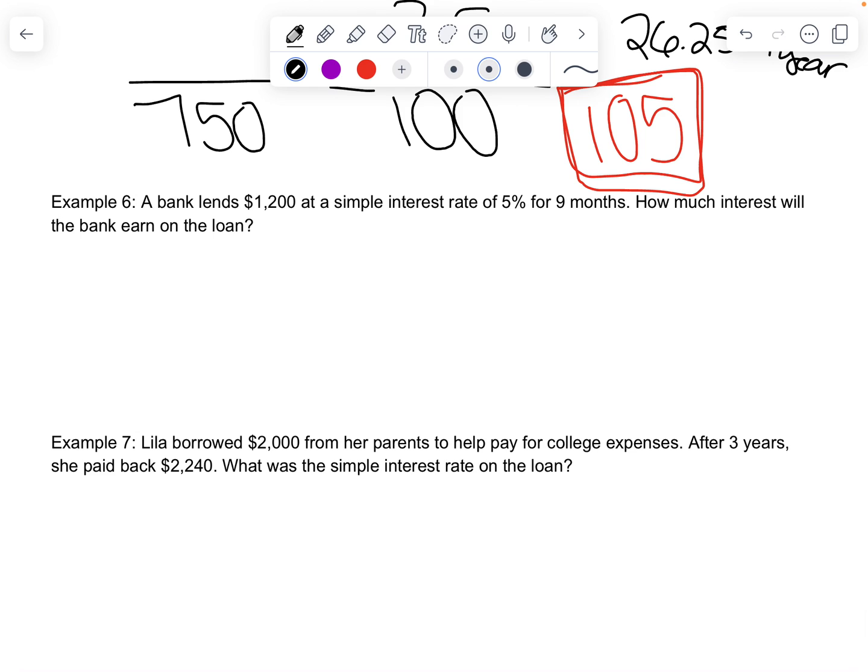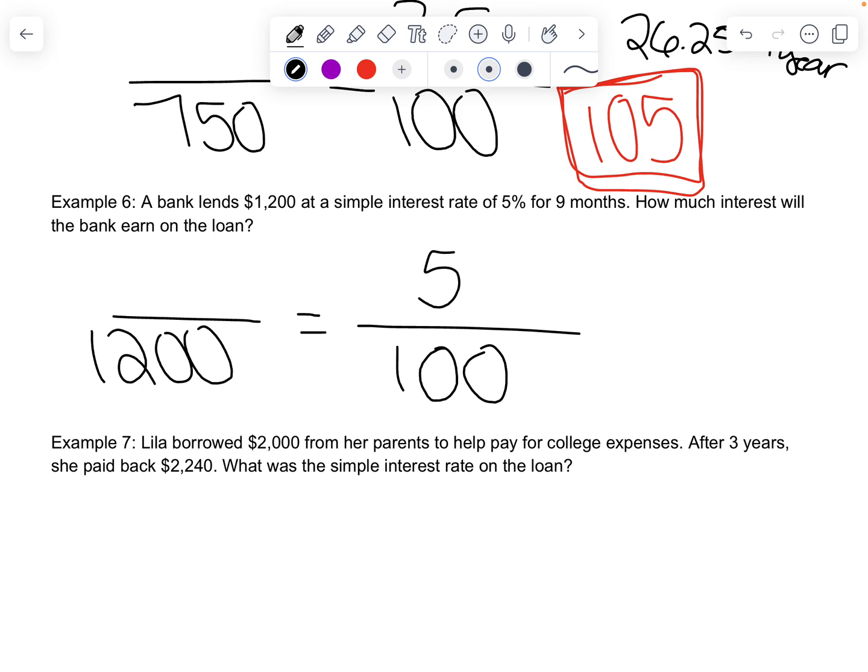Example 6 says that a bank lends $1,200 at a simple interest rate of 5% for 9 months. How much will the bank earn? So the bank borrowed someone $1,200. They have a 5% interest rate. So we do 1,200 times 5 divided by 100, and we get $60.